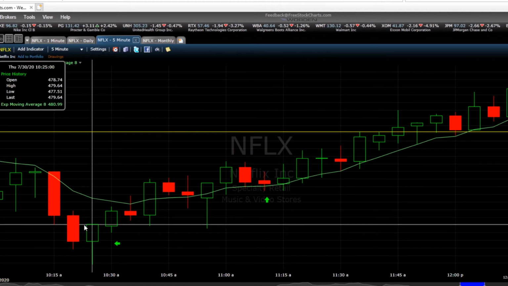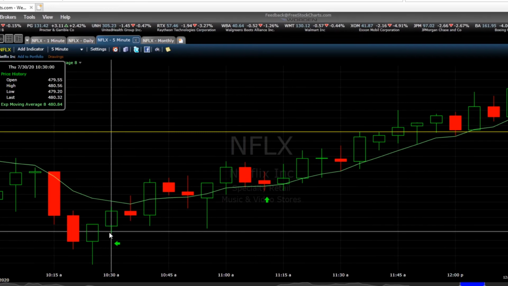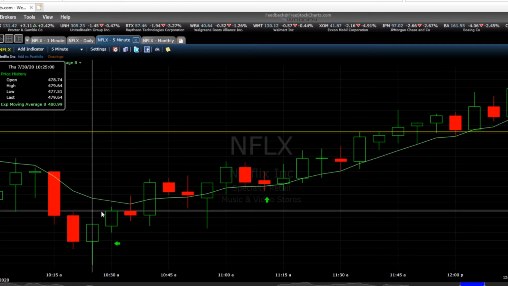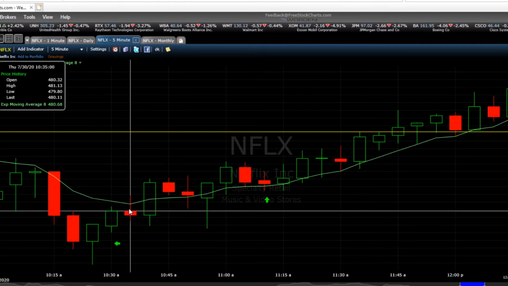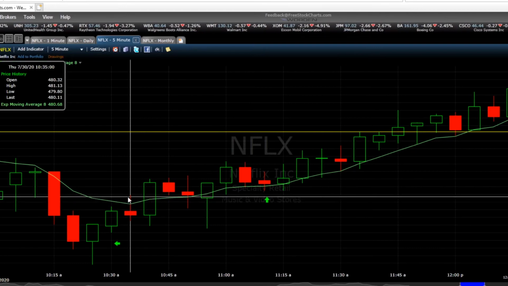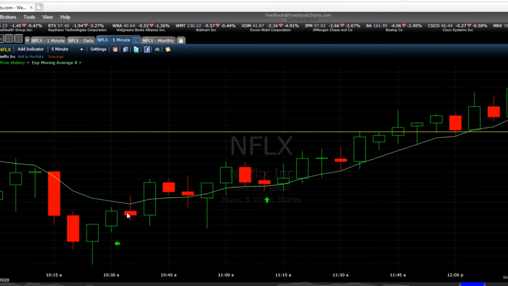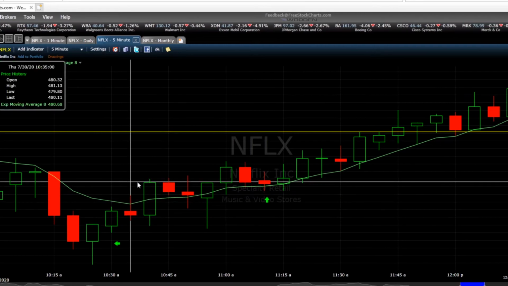So the next open dropped and went all the way up and closed here. Next candle starts here, goes up, tries to go up, but it gets pushed back down here and bounces. Next candle heads south, then heads north.